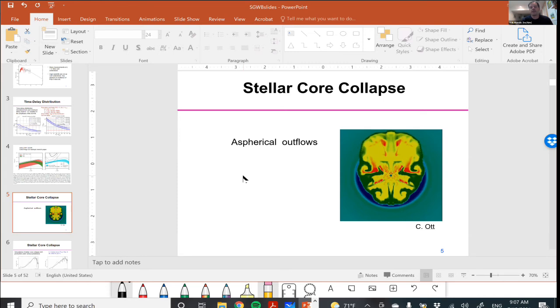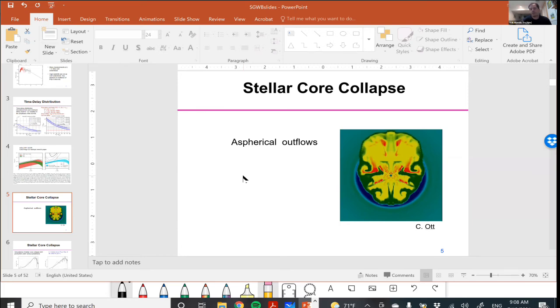All of that is rather difficult to model, and there are people whose career is basically focused on understanding this process of the stellar core collapse. And there are sophisticated simulations, 2D, 3D, including some or even all of the known physical processes, that try to simulate how these collapses take place.